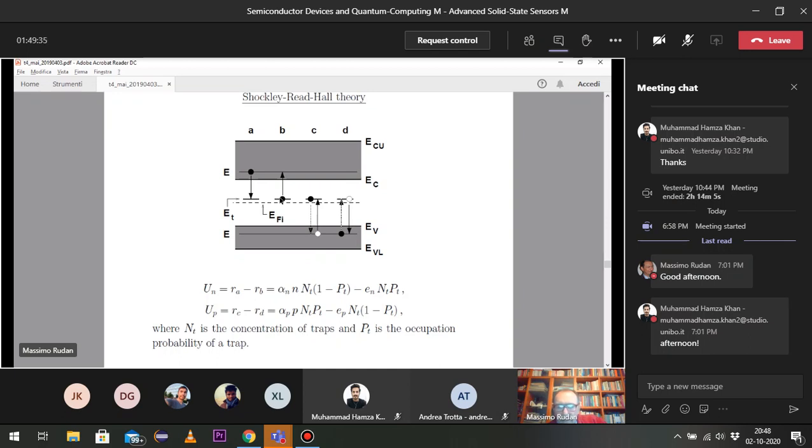In crystalline silicon, traps are not so many, so the relative distances among traps are large, and this prevents the tunnel effect from occurring, okay? In polycrystalline silicon, instead, it happens because there are so many traps that the tunnel effect is non-negligible, okay?